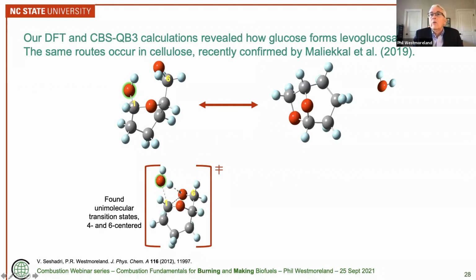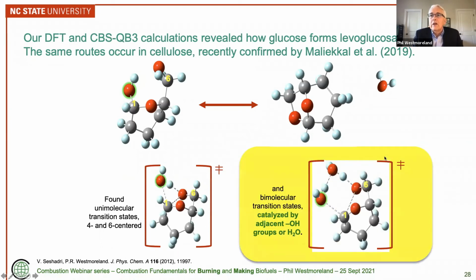But the winner, the real fast one, is a bimolecular transition state where water or any OH group that's in the system, and these have lots of OH groups on them, can catalyze the reaction homogeneously by allowing a hydrogen to be transferred from the OH here in carbon 6, while the water donates its original hydrogen to the O that's in the glycosidic bond, breaking that bond and forming a bond between the oxygen and carbon 1. That's a little hard to see, especially if you're not used to seeing this.